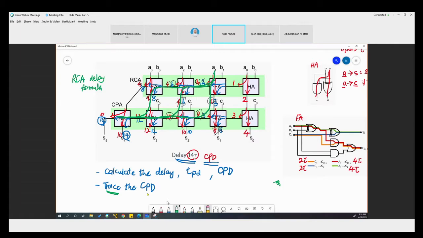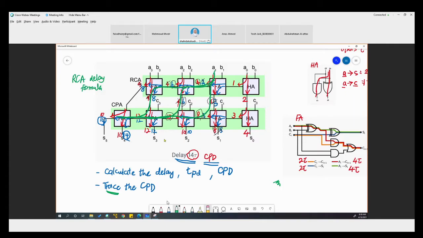Because it's now a different path. The S is now connected to another path, so the possible paths are different. You have to calculate the delay for each possible path.